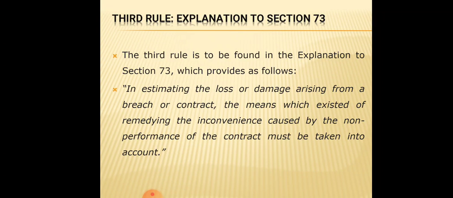That means the loss and damage which arise under the breach of contract need to take into account the existence of means of remedying the inconvenience. This means that if inconvenience is caused by the non-performance of the contract, then remedies are available, and justice should be given to the proper party.